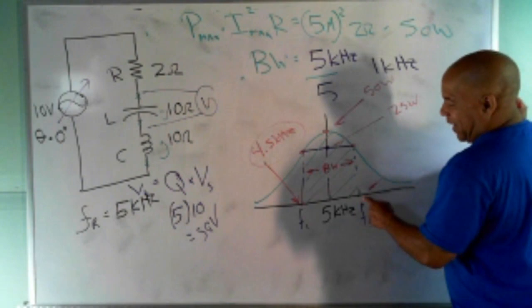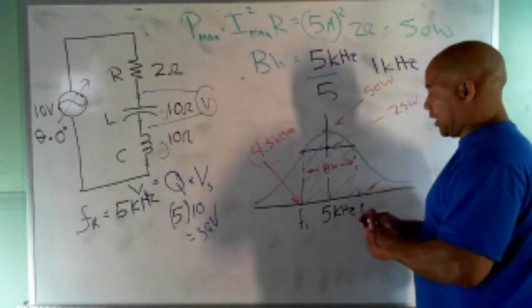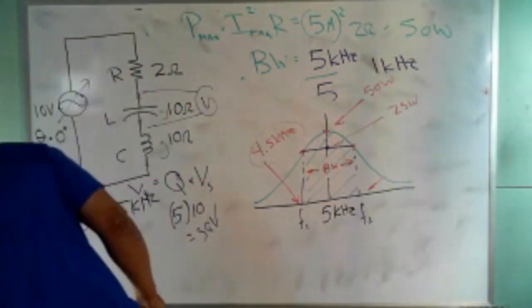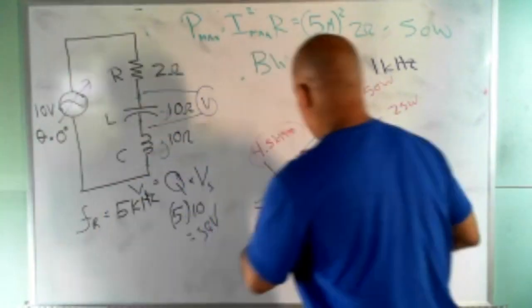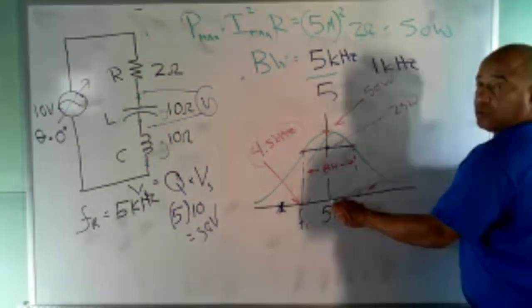Let's say I have someone on another frequency and they're transmitting over here. So whatever this frequency is, that's where they're transmitting. And my station is tuned to this.